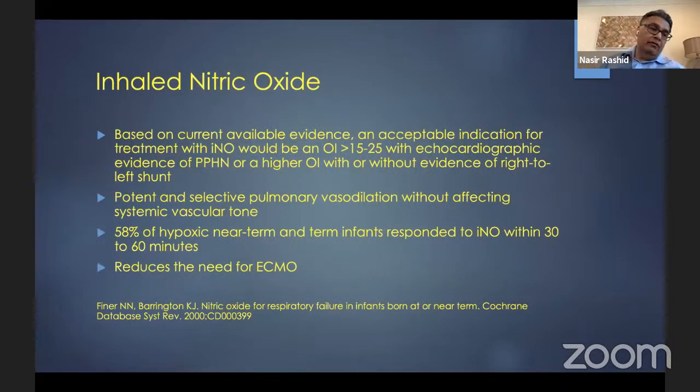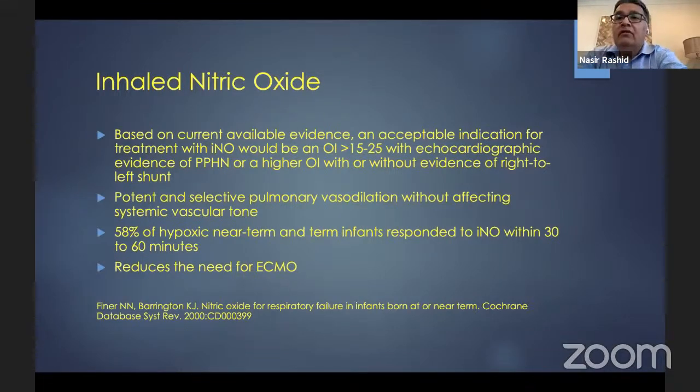Now, inhaled nitric oxide, I think it's probably one of the most talked about medications, and probably one of the greatest discoveries in neonatal medicine in the late 90s. Trials were done in 1997, and then several trials were published between 97 and 2000. And then we have a Cochrane review from 2000, and almost every level 3 NICU is expected to have inhaled nitric oxide available in their unit.